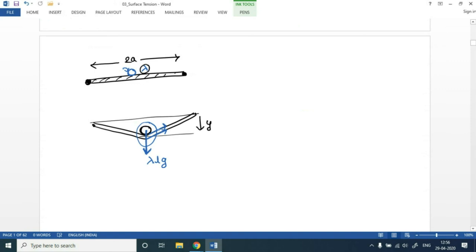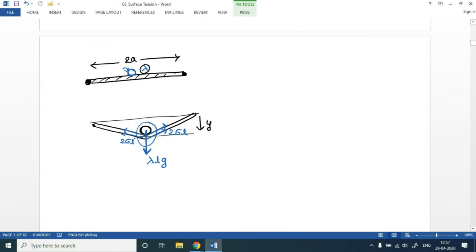It is clearly visible in this diagram that it has two interfaces, so along those two open surfaces the surface tension force would be acting. Length is L, so each of these would be sigma L. So the net force here is 2 sigma L in this direction and 2 sigma L in this direction in total.